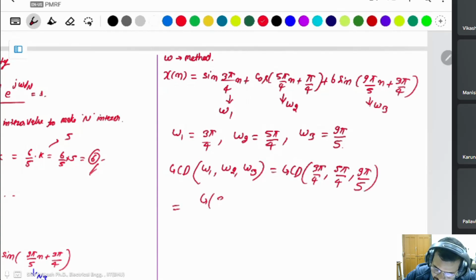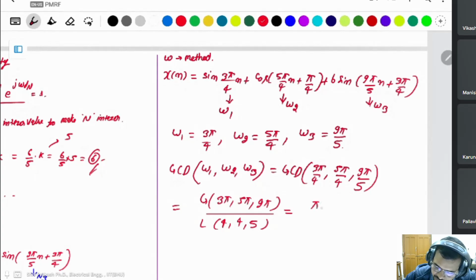The numerators are 3π, 5π, 9π, divided by the LCM of the denominators 4, 4 and 5.